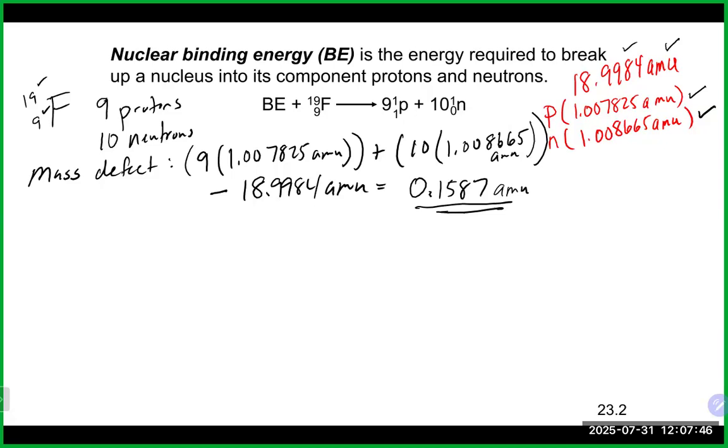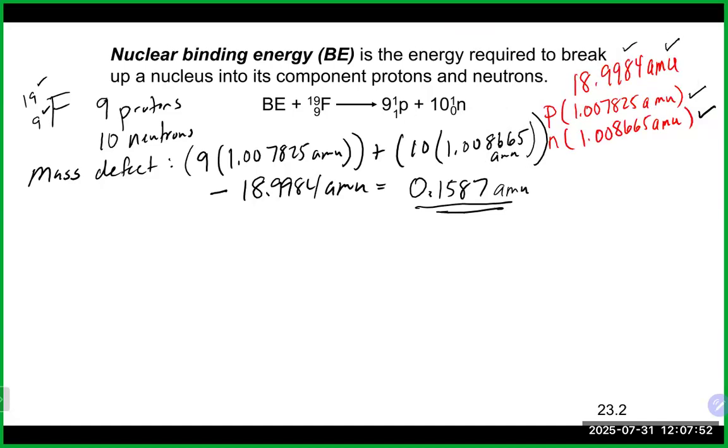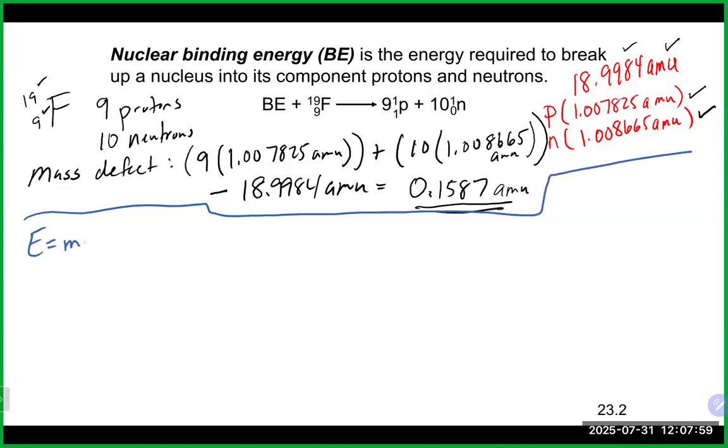So one way that you could calculate the binding energy is to use Einstein's equation, E equals mc squared. The m in this case is our mass defect that we just calculated, 0.1587 AMU.